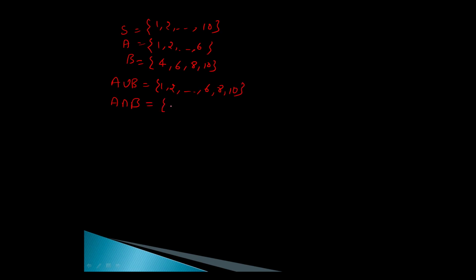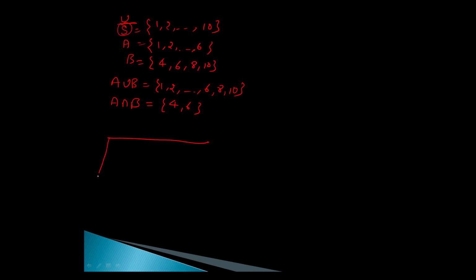And in the intersection we had 4 and 6. This was U, basically the universal set. I have written S, you can write U. Generally we use U in set theory because it represents the universal set. But here in the context of probability, we call the complete set the sample space. So write whatever you want.